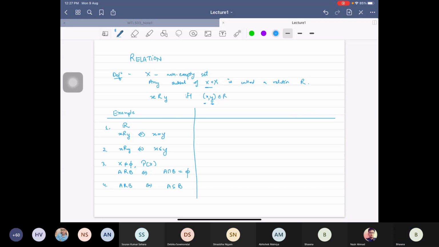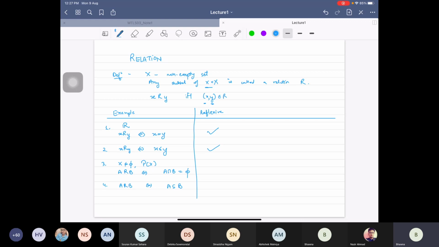So just quickly tell me, obviously the equality relation is reflexive because every element is equal to itself, right? In the second example also, x is always less than or equal to x, so this is a reflexive relation.